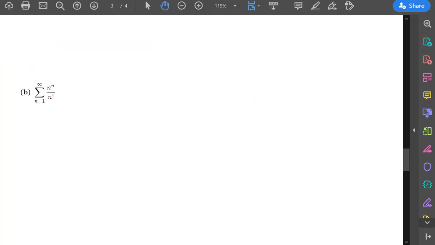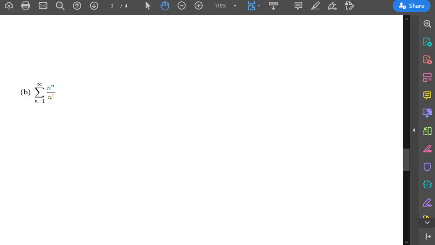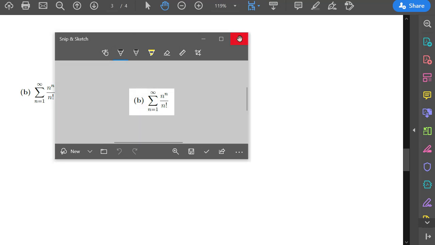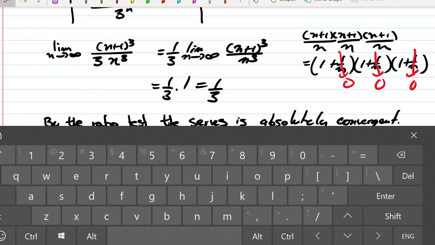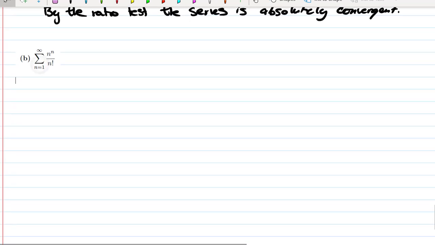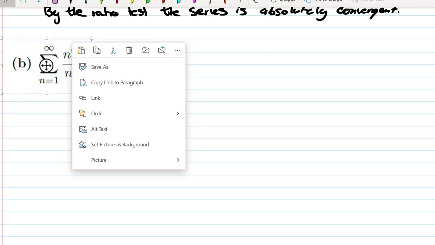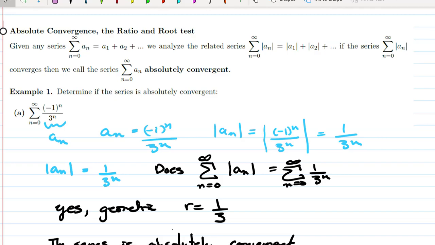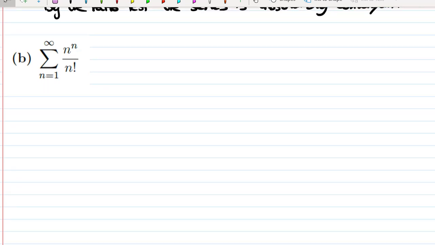All right, let's take a look at our next example. We have the sum as n goes from 1 to infinity of n^n over n factorial.